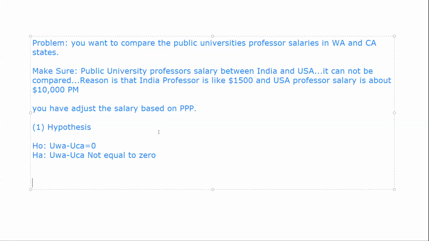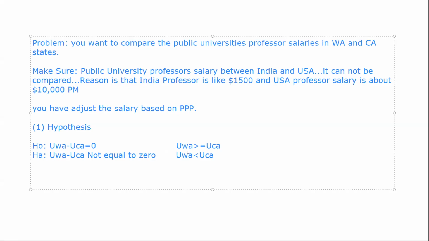Now, you can also make the hypothesis that, for the null hypothesis, University of Washington professors earn more than or equal to California. And then what would be the alternative hypothesis? University of Washington professors earn less than California.